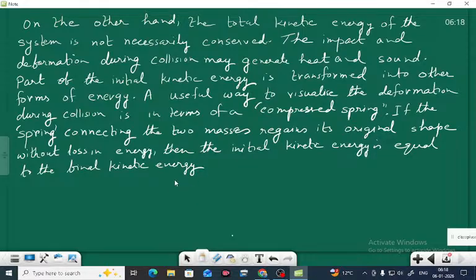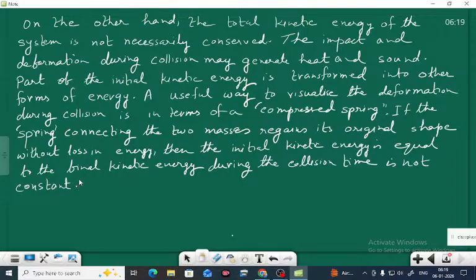Then the initial kinetic energy is equal to the final kinetic energy, although during the collision time the kinetic energy is not constant.